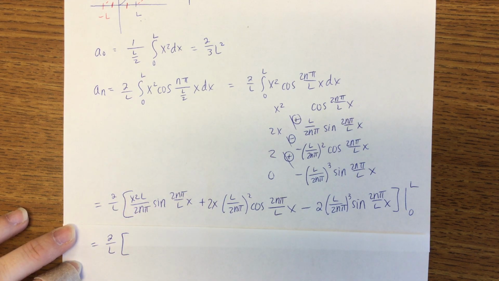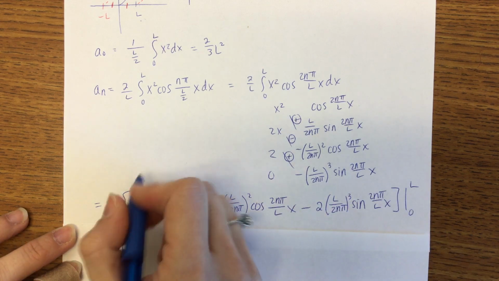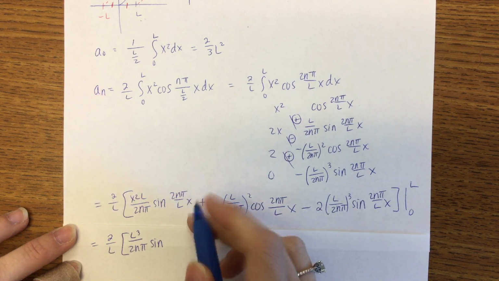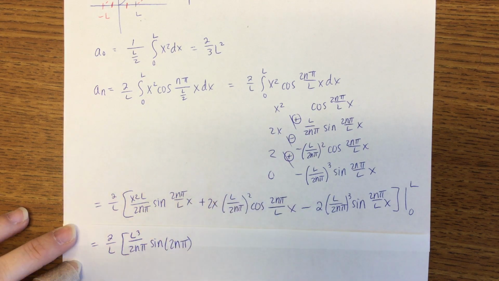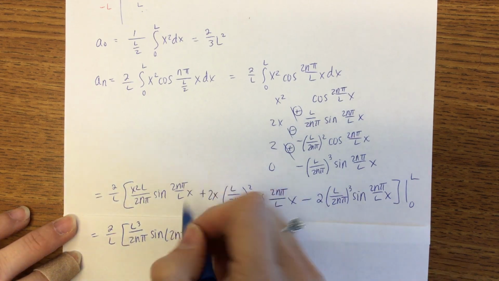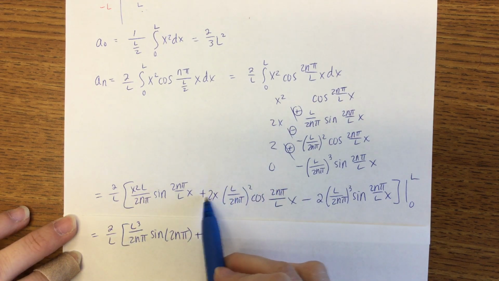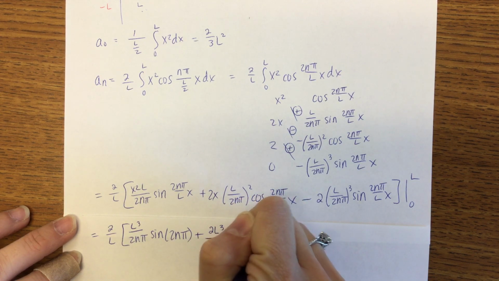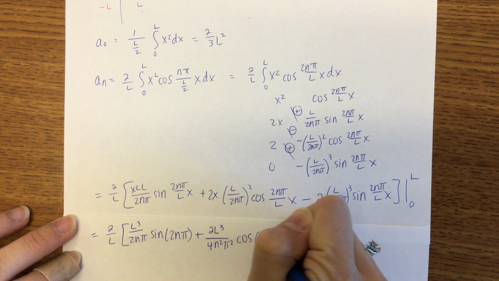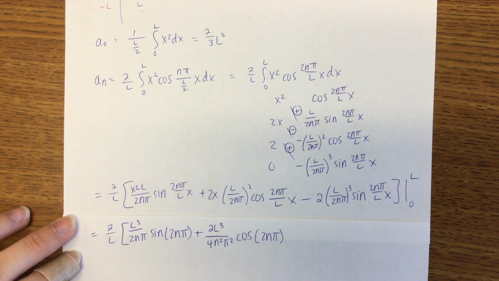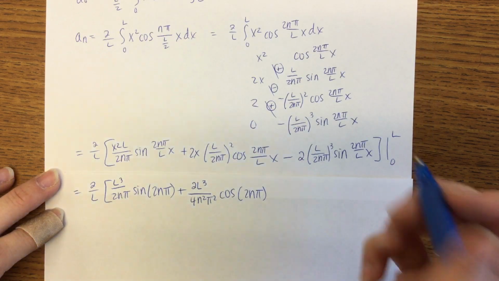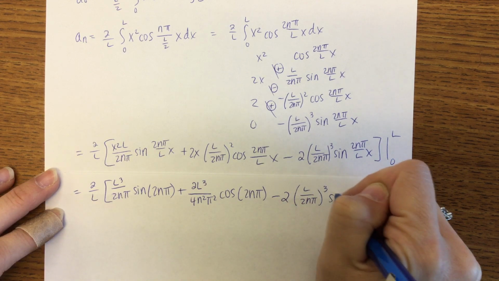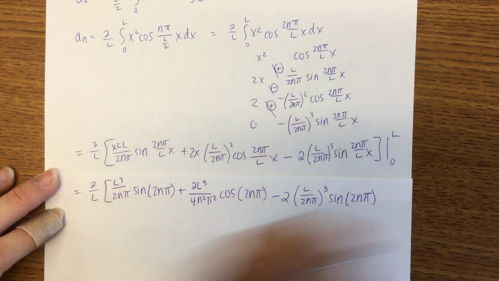Okay. Plugging in L, we get L cubed over 2n pi sine, once I plug in L, I'll be left with sine of 2n pi, plus this will be 2L cubed over 4n squared pi squared cosine of 2n pi, minus 2L over 2n pi cubed sine 2n pi.